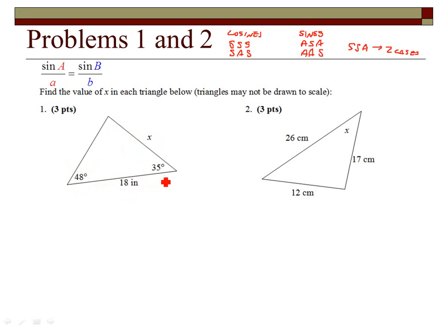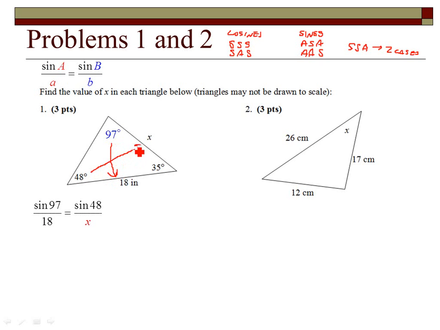So anytime you have two angles in a triangle, just go and find the third one. If I do 48 plus 35 subtracted from 180, I get 97. Then I'll do sine of 97 over 18 equals sine of 48 over x.